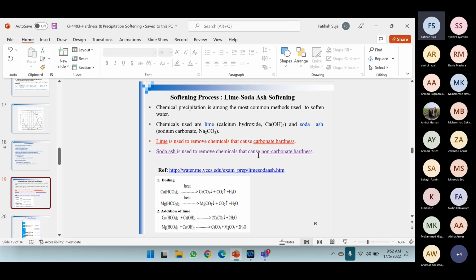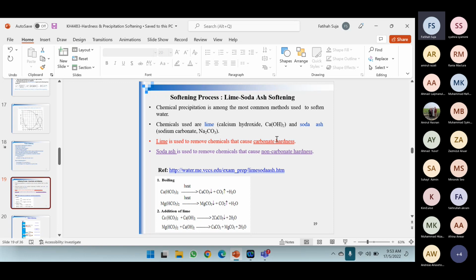You know that the hardness without CO3 or HCO3 is permanent hardness, and it needs to be removed by using soda ash. So if you can tell that the hardness you have in water is just due to carbonate hardness, then you can use only lime, without soda ash.